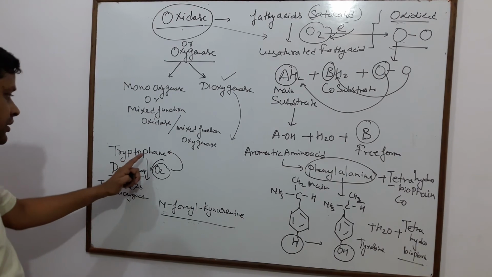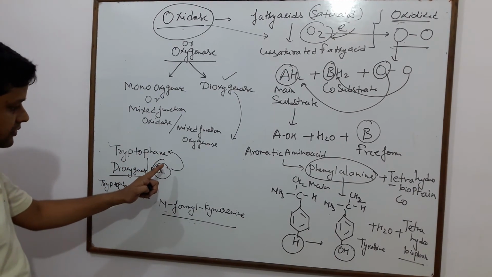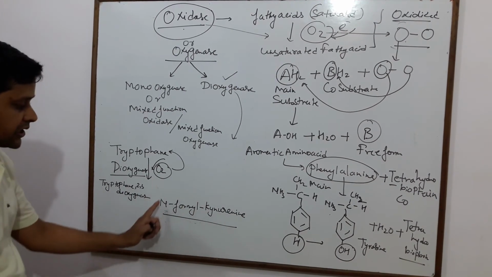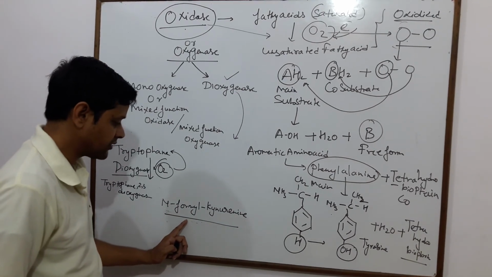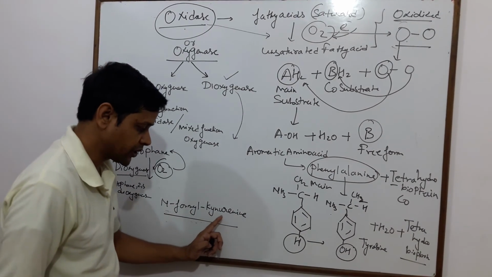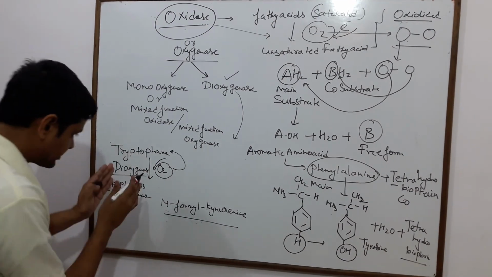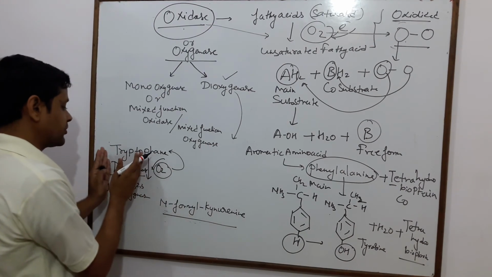When this pentameric ring is converted into a carboxylated product, this product is known as N-formylkynurenine.